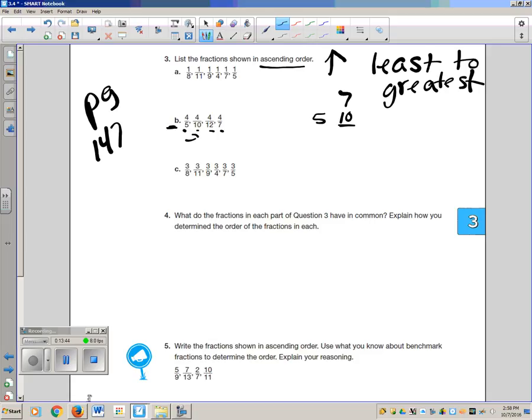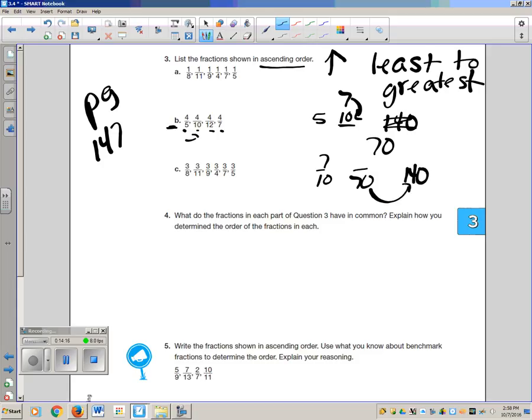If I'm trying to do 7 and 10, the first common multiple of 7 and 10 is 70. Does 12 go into 70 evenly? No. The closest it gets to is 72. The next multiple for 7 and 10 would be 140.